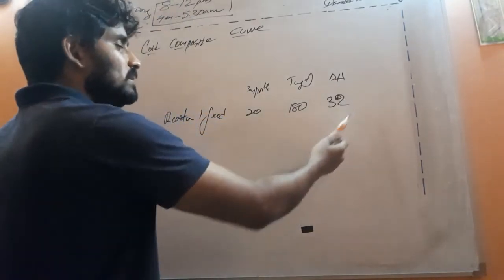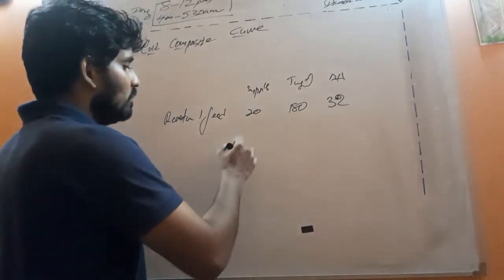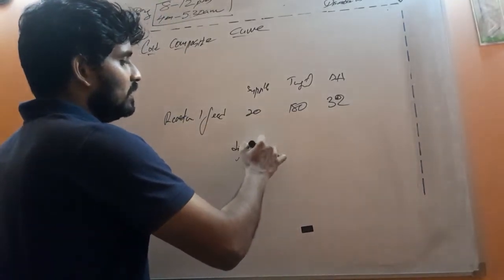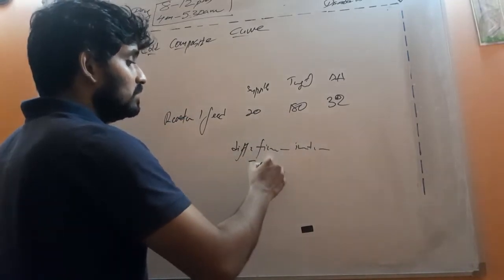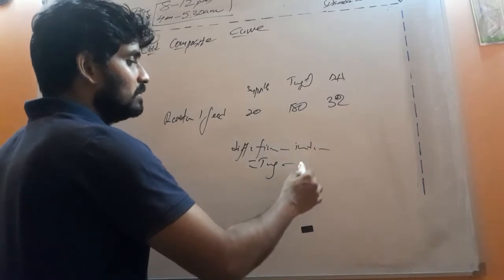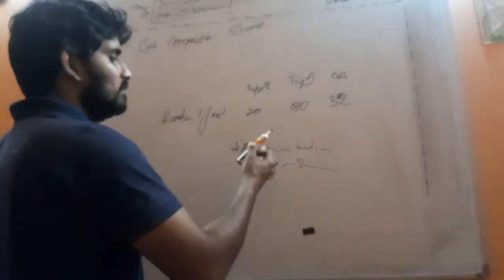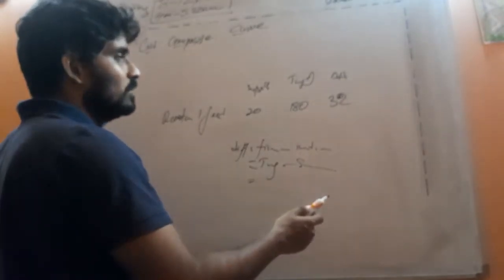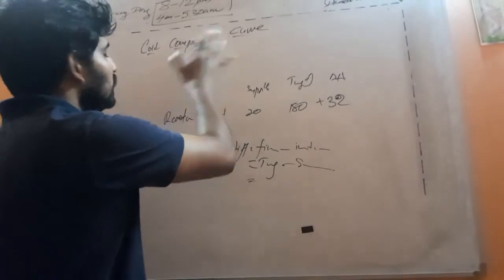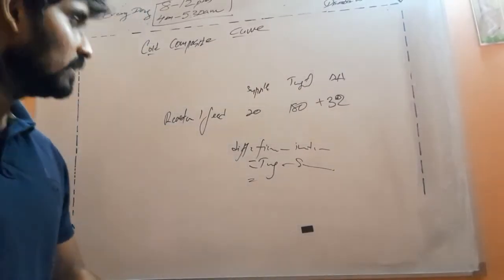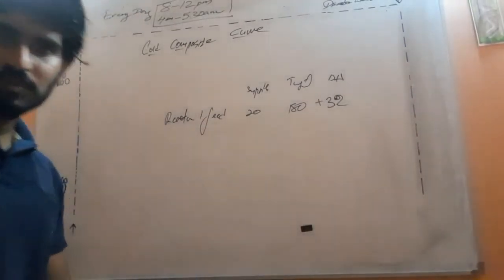Now delta H is positive because we are going to consider the difference, final minus initial. Final means the target, initial means the supply. So final minus initial is a positive value. Because of that, delta H value is positive for cold profiles. So there are two cold profiles.